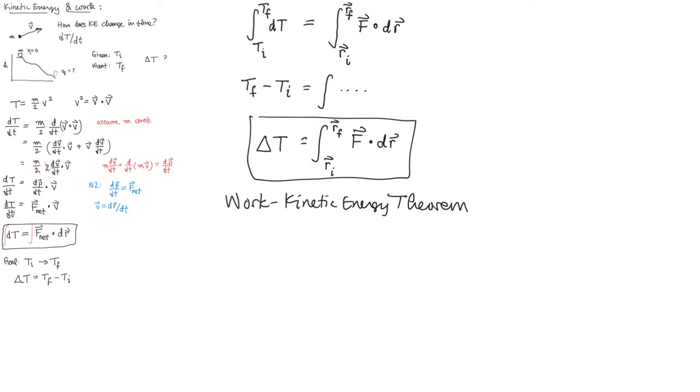That's what this integral is telling us. And this right-hand side goes by a name that you're all familiar with called work. And that work is simply defined as the integral on the right-hand side.